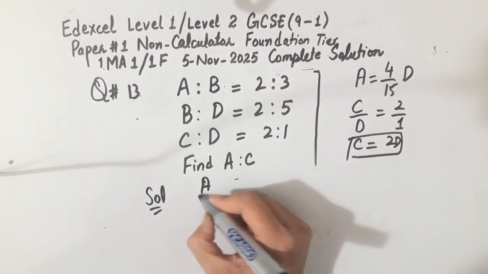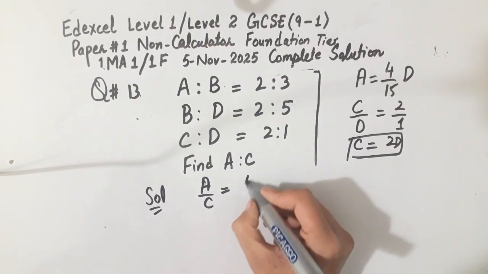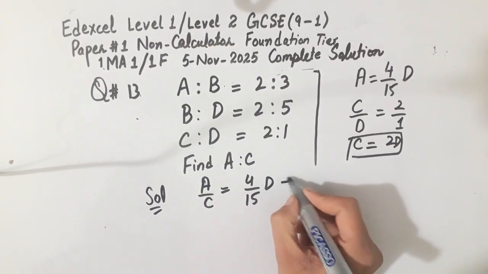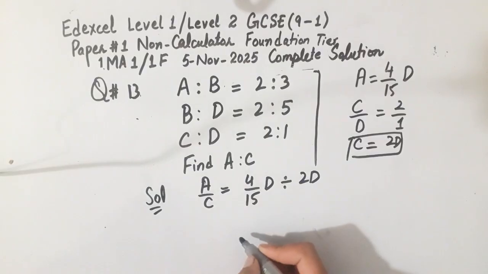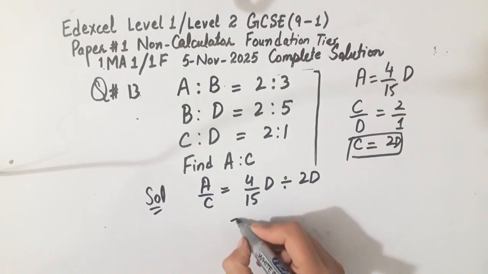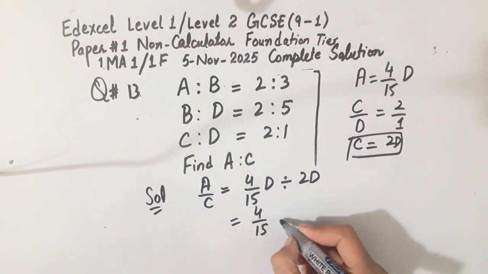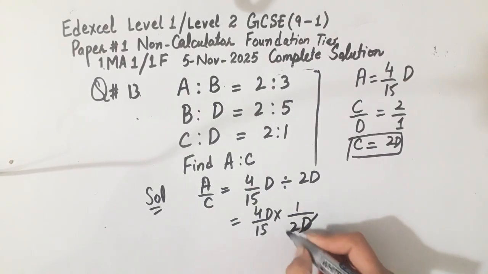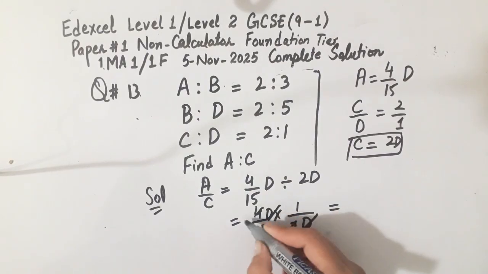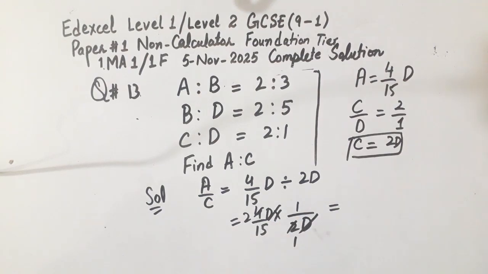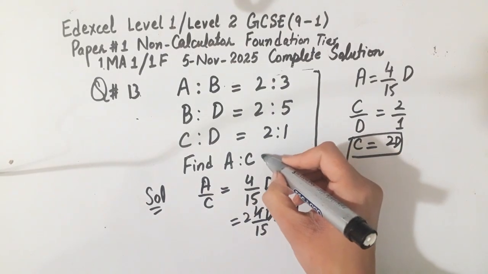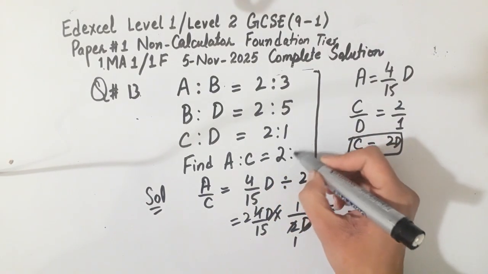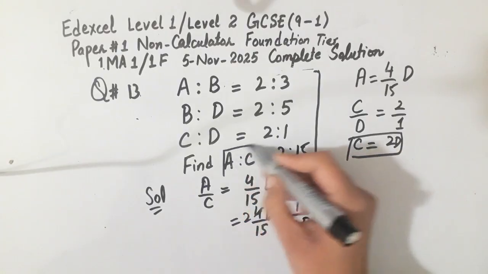So A by C will equal the value of A, that is 4 by 15D is divided by 2D. Then 4 by 15 is multiplied by 1 by 2D. So D and D cancel out, 2 1s are 2, 2 2s are 4. So you get the answer, that is equal to 2 by 15. So the ratio of A ratio C is 2 by 15. So this is the final answer.